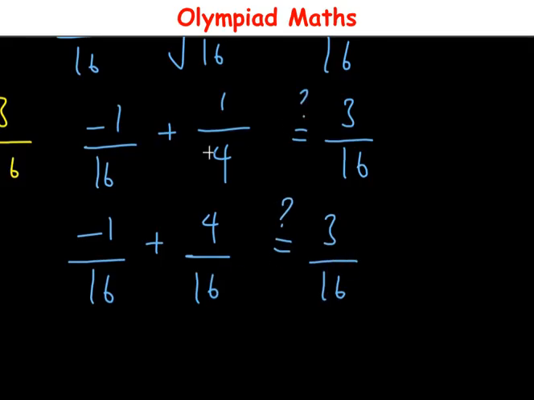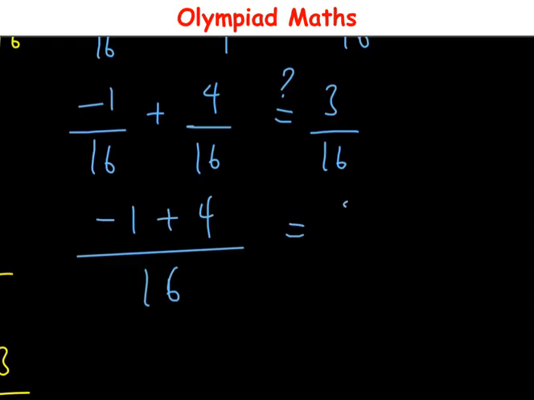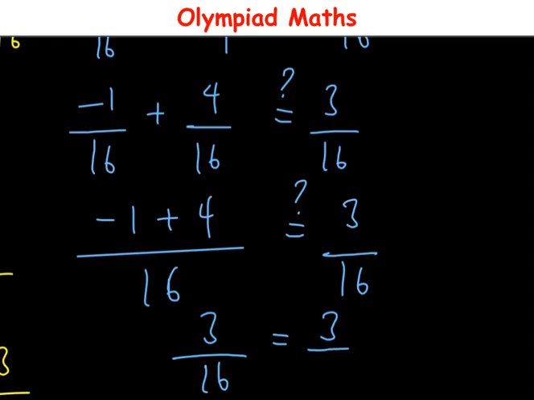Now, the next thing is to look for the LCM of this, which is simply 16. And we have minus 1 plus 4 over 16 equal 3 over 16? Minus 1 plus 4 is simply 3, so 3 over 16. And this is equal to 3 over 16.